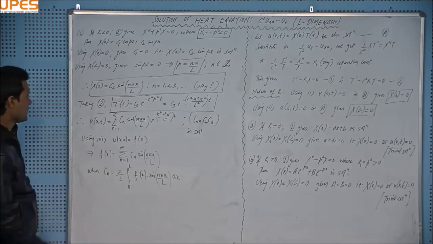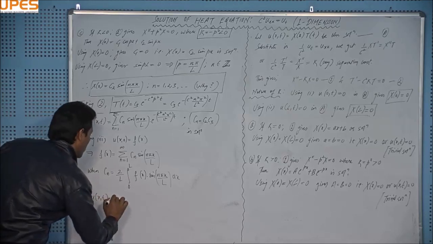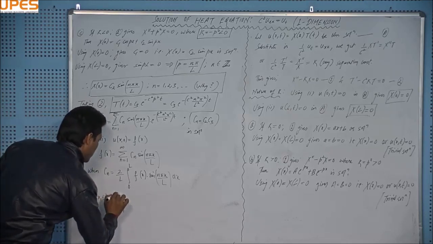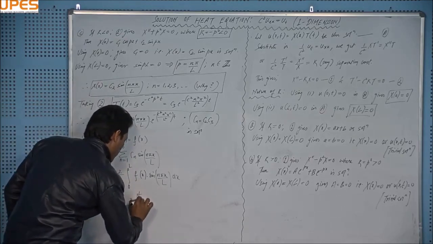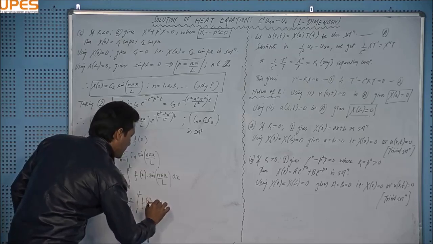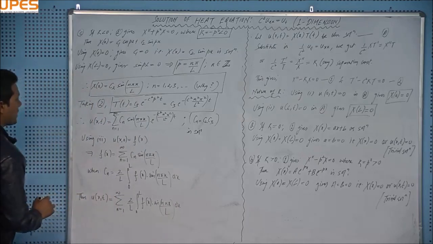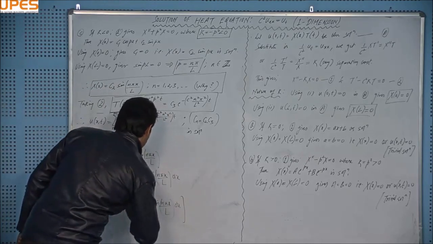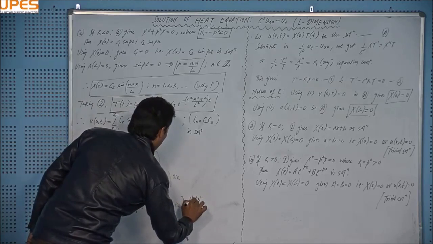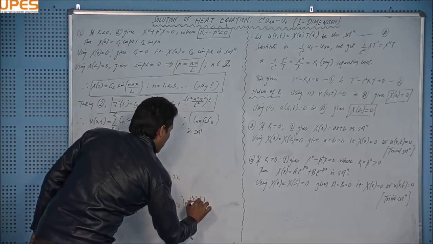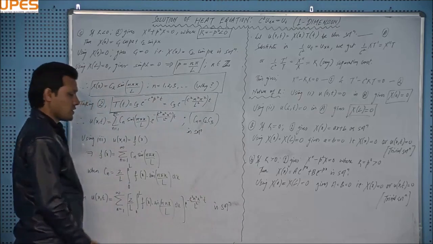I can plug this cn here. Then u(x,t) equal to summation n equal to 1 to infinity, and the value of cn is 2 by L, integral 0 to L, f(x) sine n pi x over L dx, and that multiplied by e to the power minus c square n square pi square over L square t is the solution.